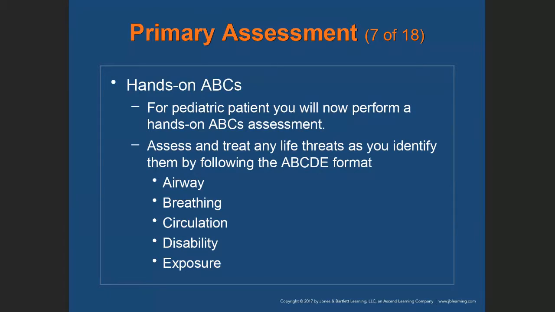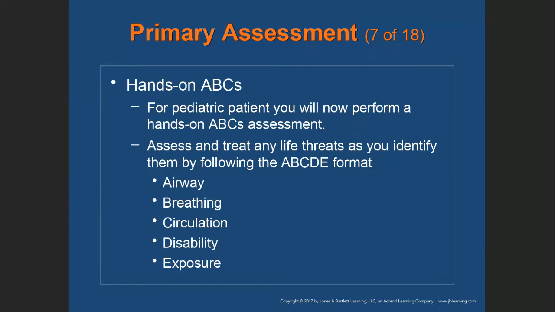The disability, or D, looks at the patient's GCS or neurologic assessment. So that's what disability is. The exposure, just think of that as you're doing a rapid scan. So technically, it's the same assessment.